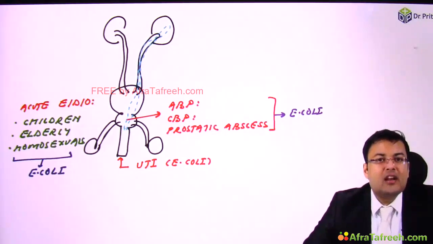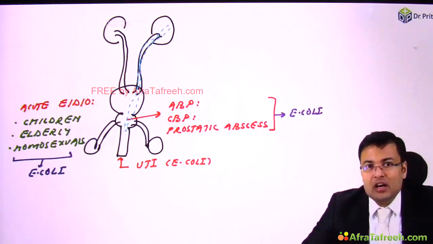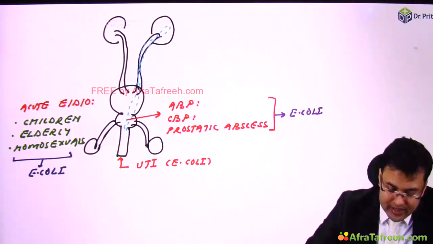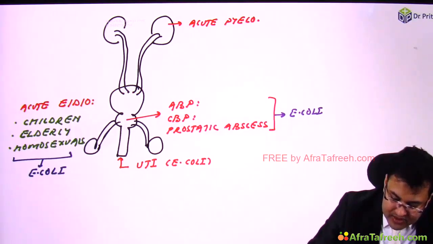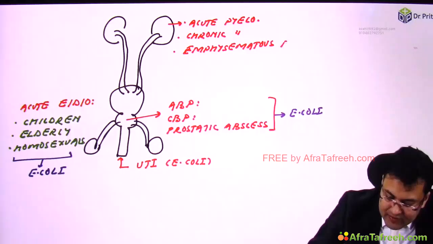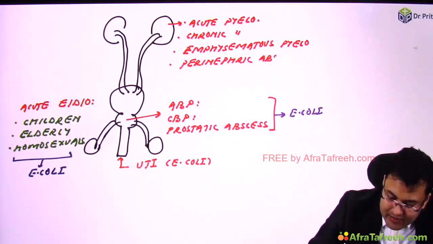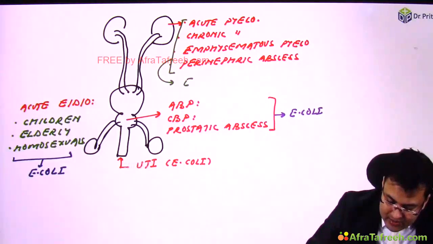Now see, if the organism via the ureter reaches the kidney, it leads to acute pyelonephritis, chronic pyelonephritis, emphysematous pyelonephritis, and perinephric abscess. And in all these cases, the most common organism responsible is E. coli.